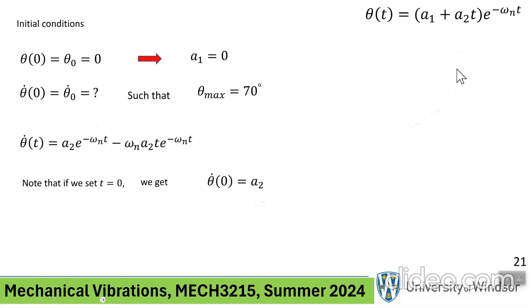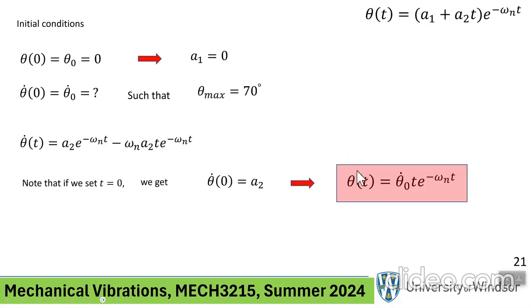So this A2 that you see there, A1 we already know is 0, A2 is actually that maximum initial velocity that we don't know. This is the thing that we want to find anyway. So if you write theta dot of 0 instead of A2, the thing that we want is going to be right there.